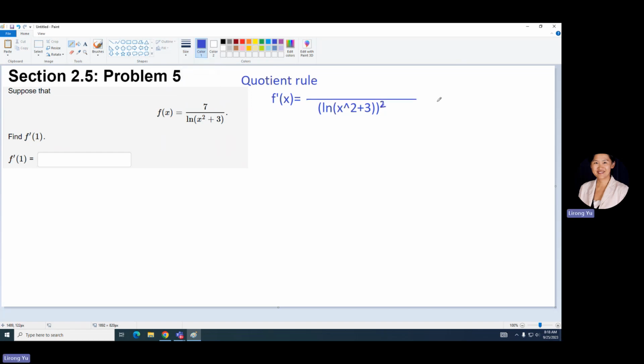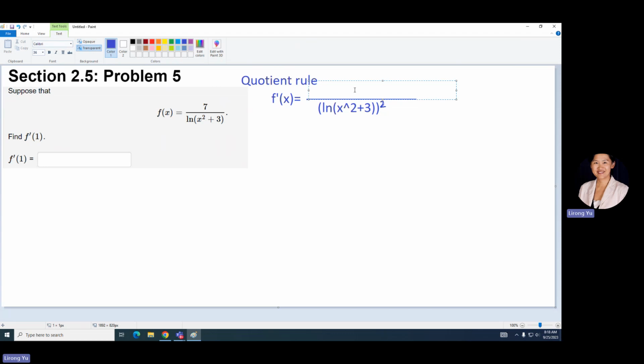That's the denominator. We'll try to find the derivative of the numerator, but this function is a number. The derivative of a number is 0, right? So 0 times the logarithm is 0. I'll just go ahead and write 0 minus.